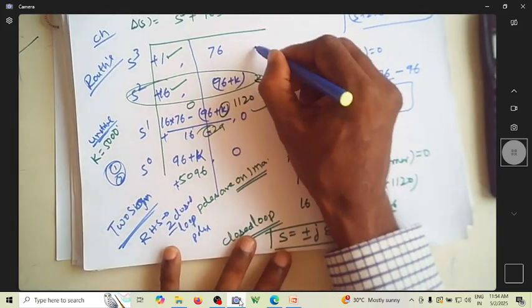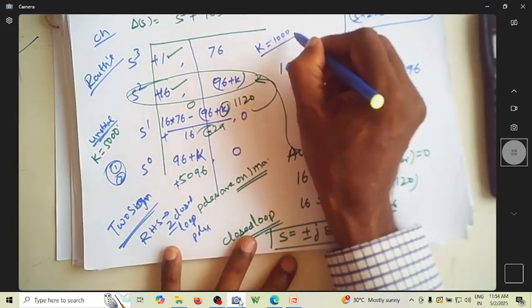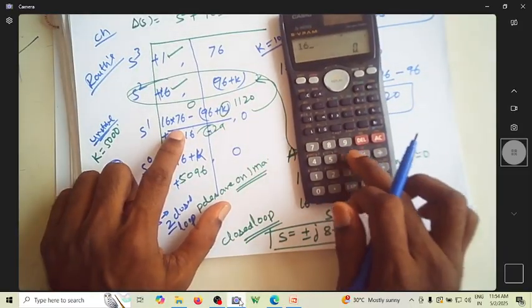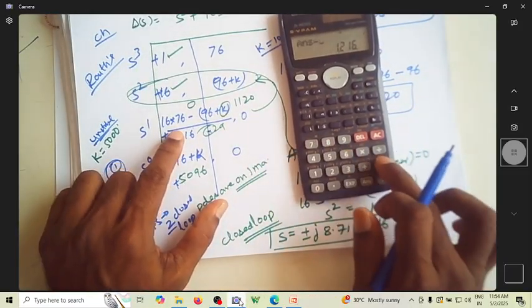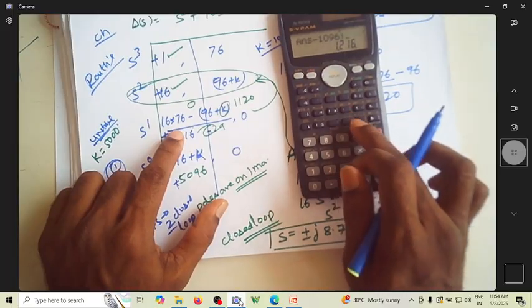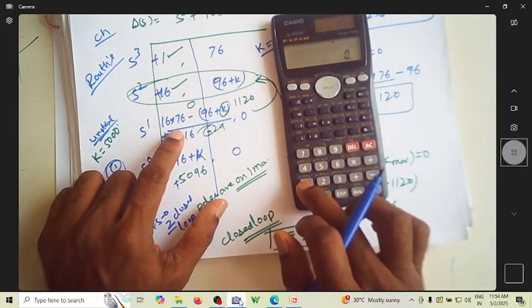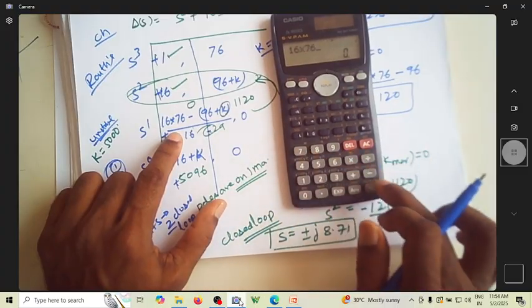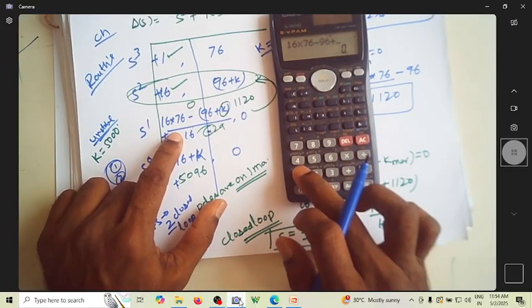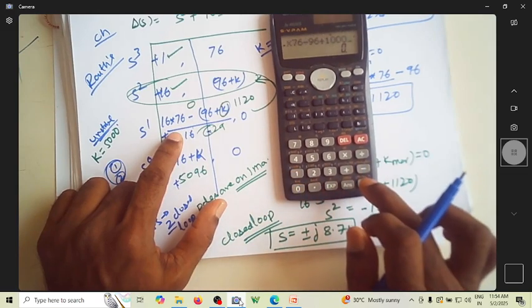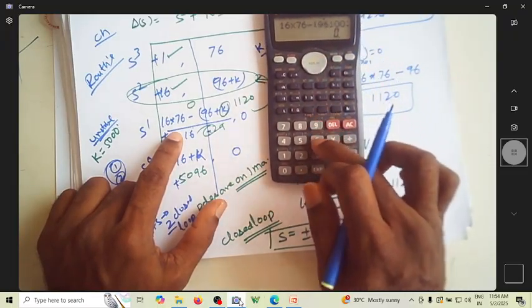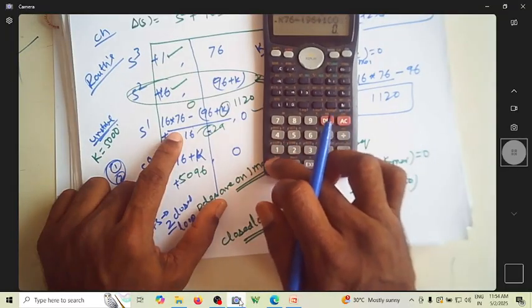Let me again tell. If you take the value of k as 1000, what will this value be? It is 16 into 76 minus 96 plus 1000.